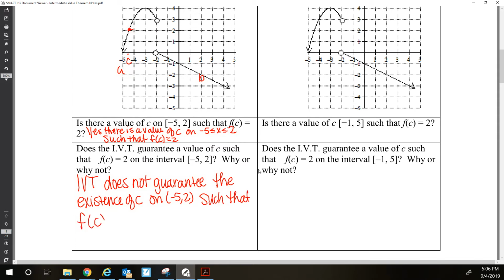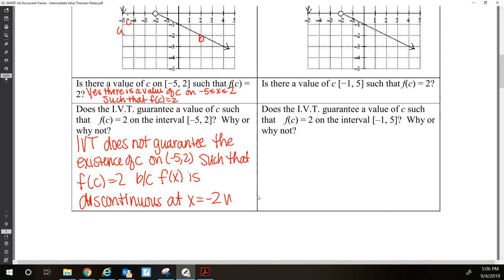f of C equals 2, because, why? Because f of x is discontinuous, or you could say is not continuous, either one, at x equals -2, which is in the interval -5, 2.